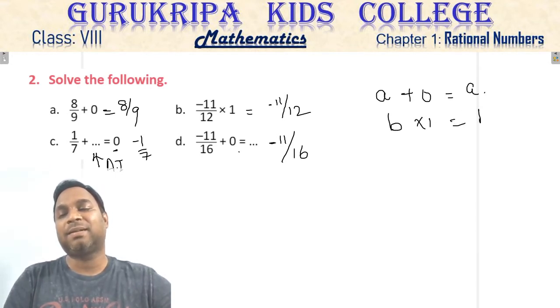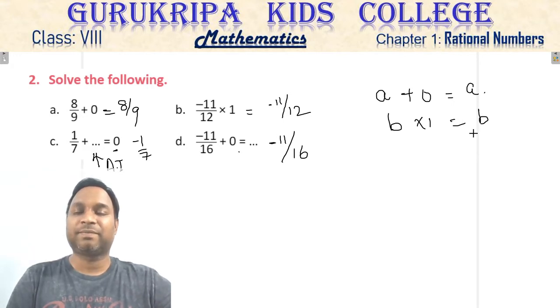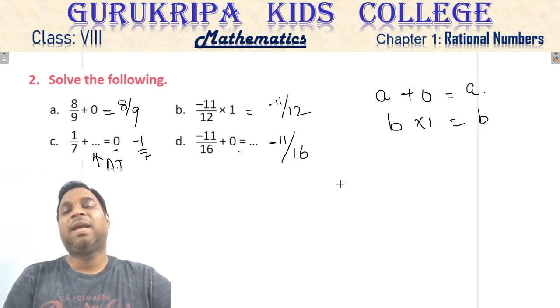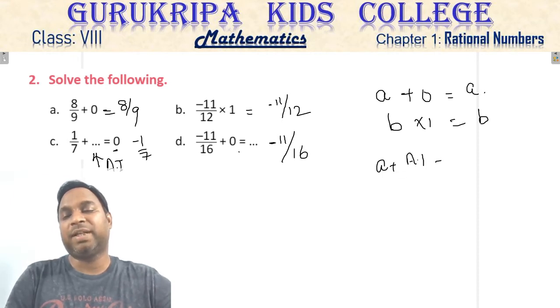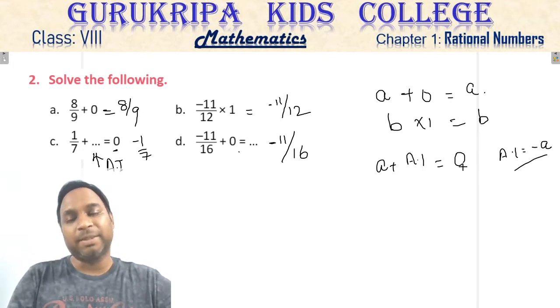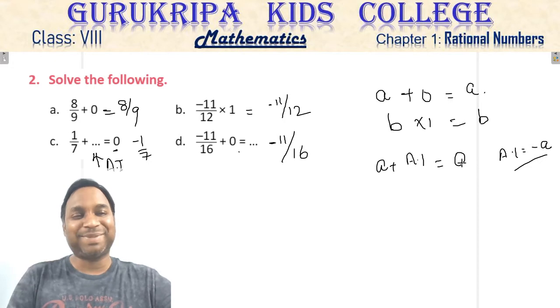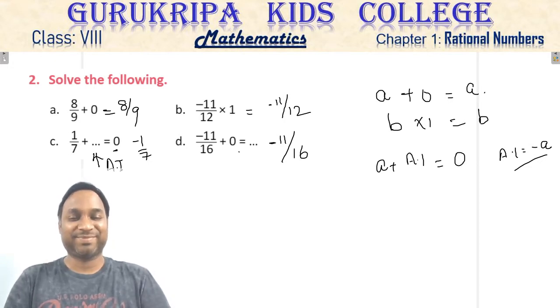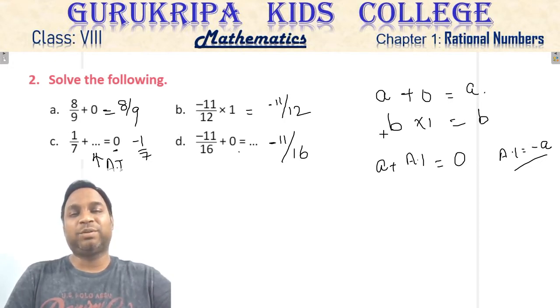What do you get? The number itself. Also, A plus its additive inverse will give you 0, and this additive inverse is equal to minus A. Simple? So, shall we go to the next question now?